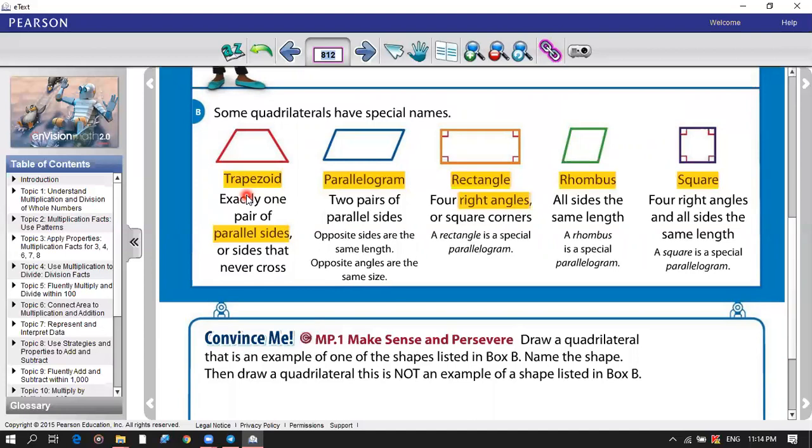So, as we said, the trapezoid has only 1 pair of parallel sides. And we said that parallel sides are sides in the same direction. These 2 sides, the upper side and the lower side, are in the same direction. So they are parallel.